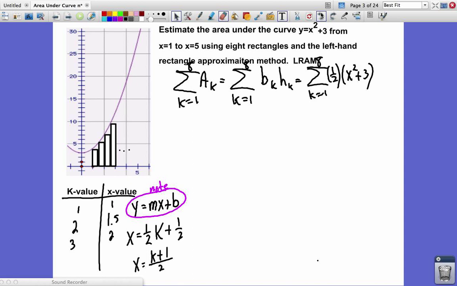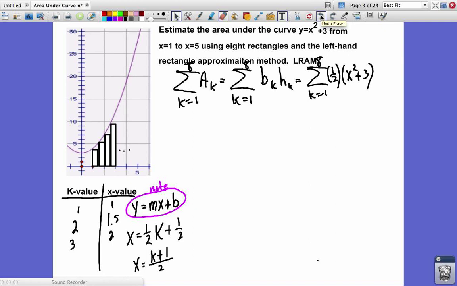And at this point, we are going to plug in. The base of each rectangle is 1/2. The height can be found by x squared plus 3 because our equation for the curve is y equals x squared plus 3. But, as we've stated before, we don't want x values.